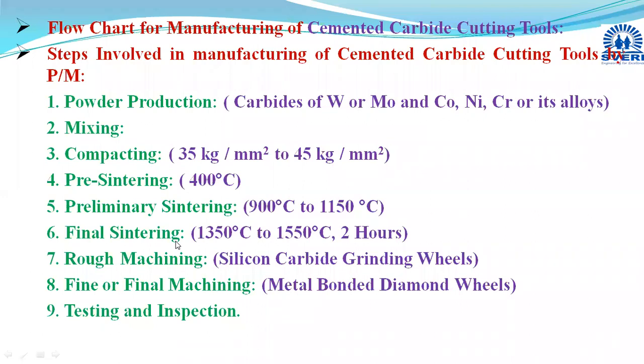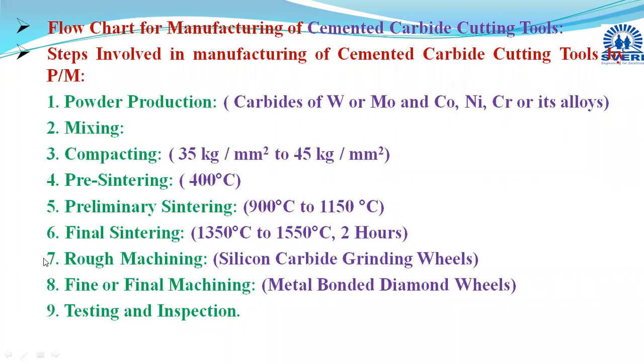Then after the final sintering, in this final sintering, diffusion of cobalt will take place, and cementation of the tungsten carbide or molybdenum carbide particles will occur. This is conducted in 2 hours, and then the sintered component is collected, and machining on it is done.